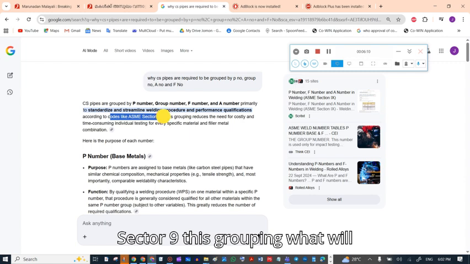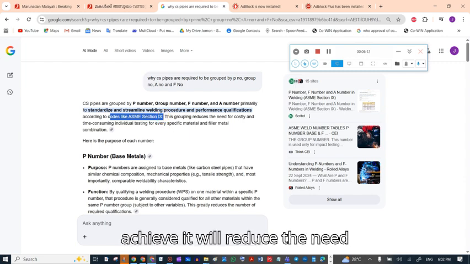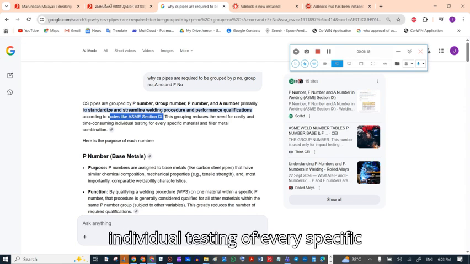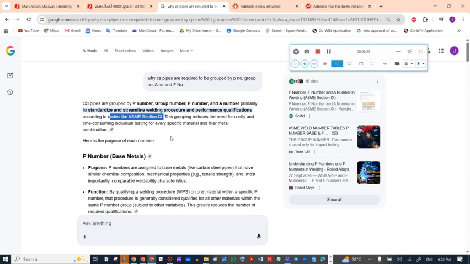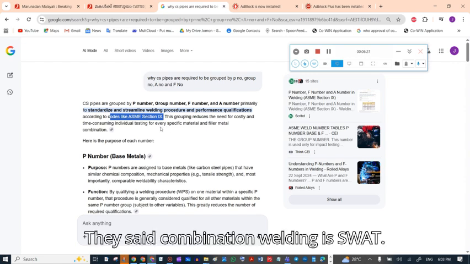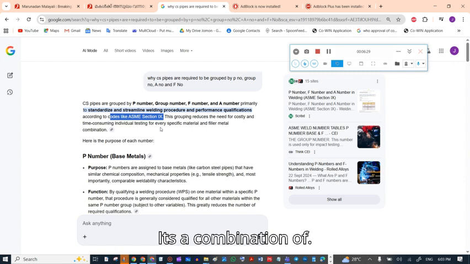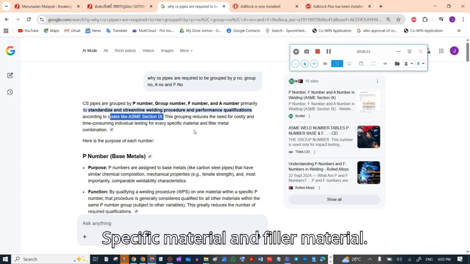What will this grouping achieve? It will reduce the need for costly and time consuming individual testing of every specific material and filler material combination. Welding is a combination of a specific material and a filler material.